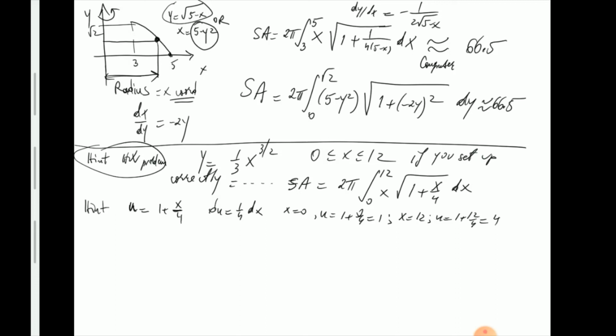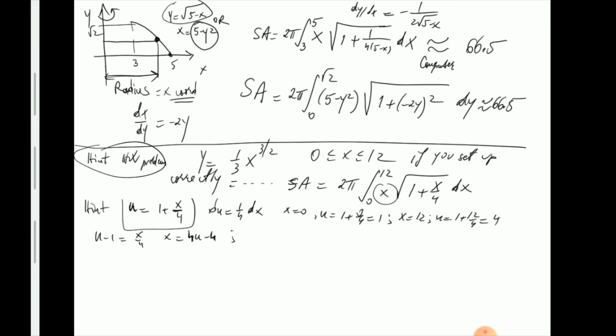And remember, in the actual integral we have to replace x as well. We get that from the substitution: move the 1 over, and then get x as 4u minus 4, if you multiply u minus 1 by 4.